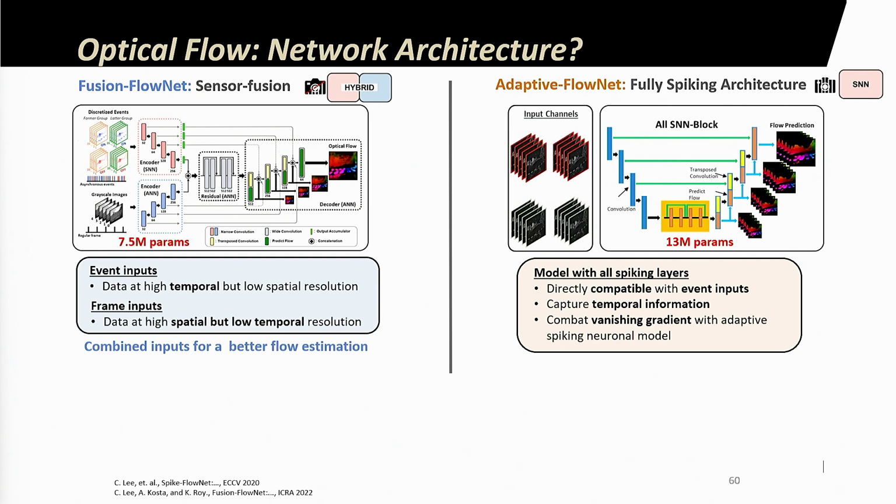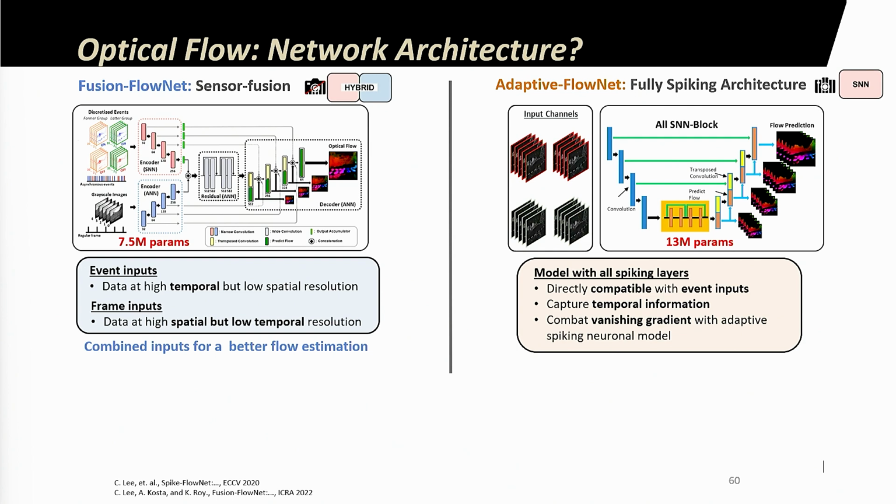Can I take the inputs coming from the DVS camera and the standard frame camera, merge them together using a hybrid network, an ANN and an SNN, and then do the computations? Again, it is still a UNet kind of architecture, but if I do that, it turns out I end up getting better results. Why? I'm taking the best of both worlds. If I use only an ANN, it doesn't do as well. And what is very important to understand here is that I do better with 7.5 million parameters. Half the parameters, and I do much better.